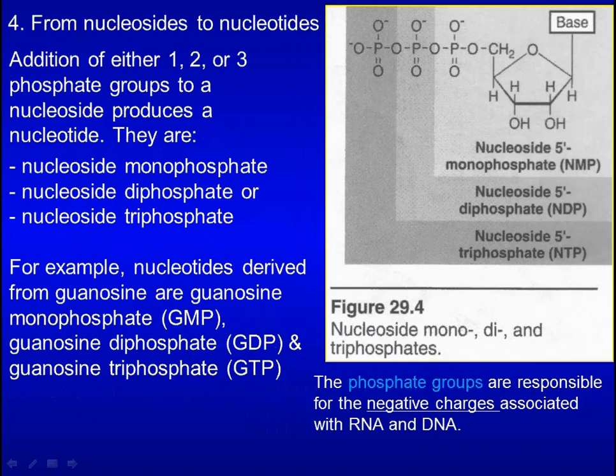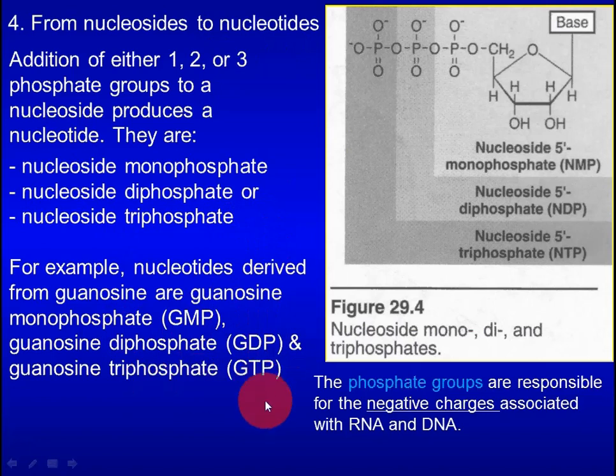Addition of either 1, 2, or 3 phosphate groups to a nucleoside gives rise to a nucleotide. They are nucleoside monophosphate, nucleoside diphosphate, and nucleoside triphosphate, respectively. For example, nucleotides derived from guanosine are guanosine monophosphate, or GMP, guanosine diphosphate, or GDP, and guanosine triphosphate, or GTP.